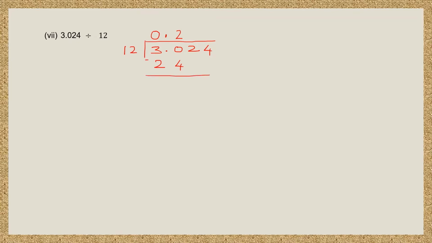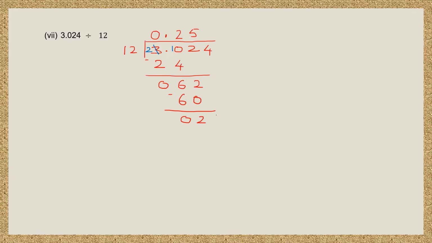I need to borrow, so this becomes 2 and this becomes 10. 10 minus 4 is 6. 2 minus 2 is 0. I bring down the next digit, which is 2. Now I have 62. Tables of 12. 12 fives are 60. So I have 60 here. I'm going to subtract, 2, 0.